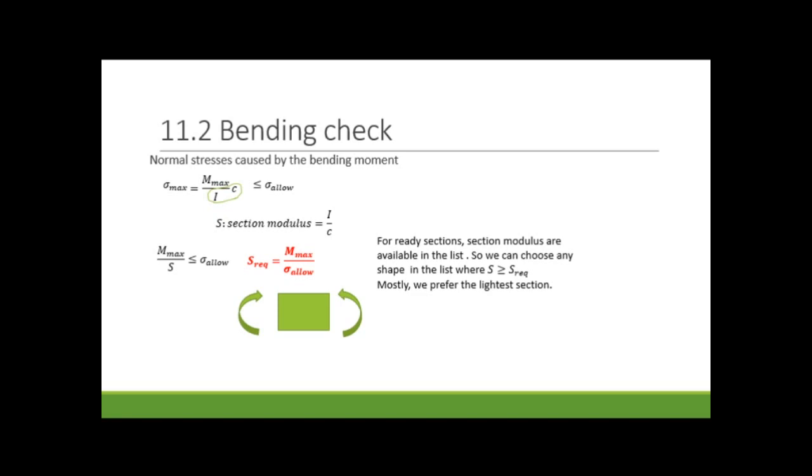Therefore we want to choose the lightest weight section. For built-up sections, we can also formulate the sigma requirement and define the sections.